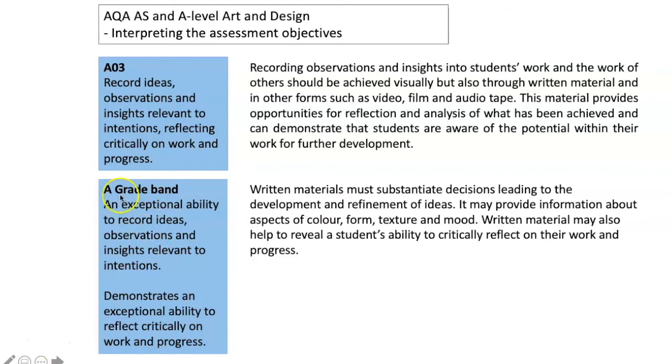So again, we're looking at the A grade bound at the moment, and within that we look at the exceptional ability to record ideas, observations and insights relevant to intentions. And then again, it's about reflecting critically on work and progress. So you really need to be very reflective, evaluating your work to think about what's worked well and how do I want to move forward.